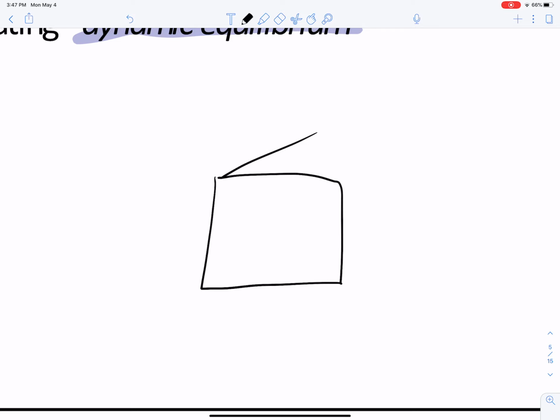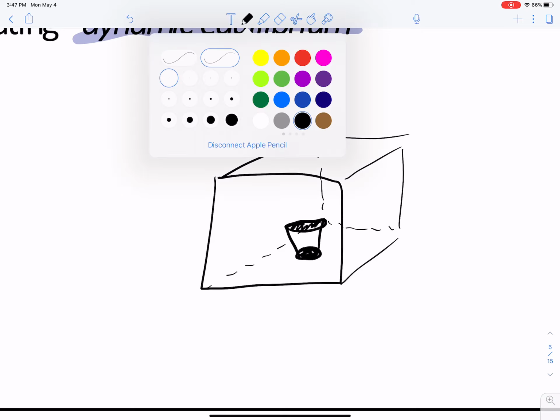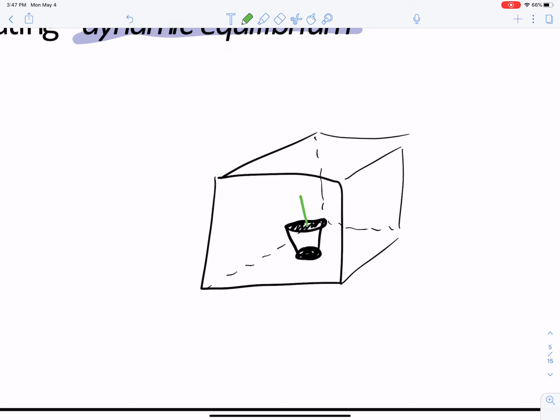And in this container, that was a sealed container, what you did is you had a plant, and you had dirt in that container, and that plant was growing out.